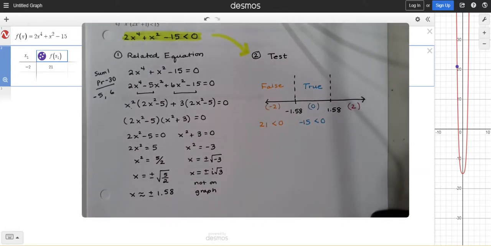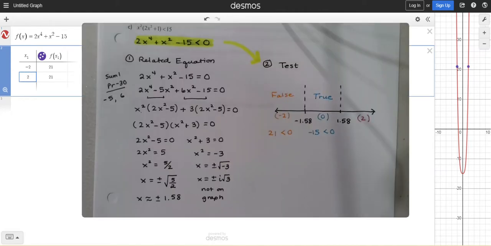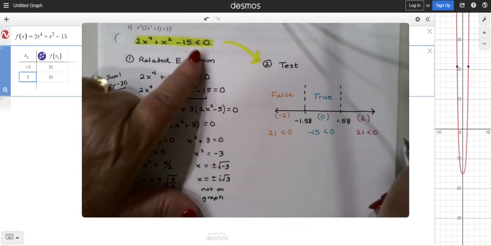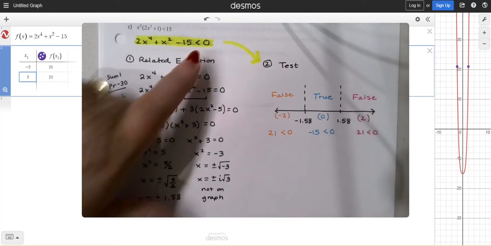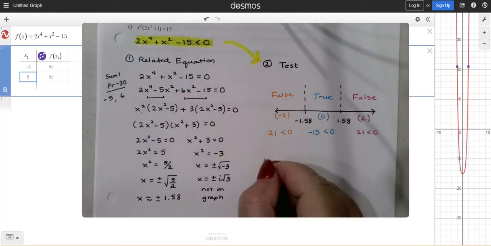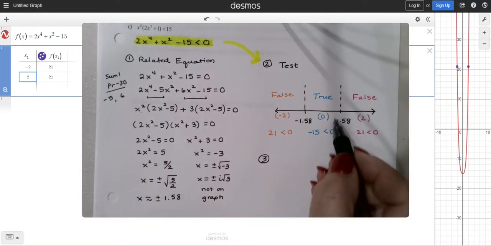And the last test point I wanted to put in was x equals 2. Get a little help with that one. Gives me positive 21 again. Wanted it to be less than 0, but it certainly is not. So that's going to be false. So as far as my solution, it's only true that that's less than 0 in this little middle section.